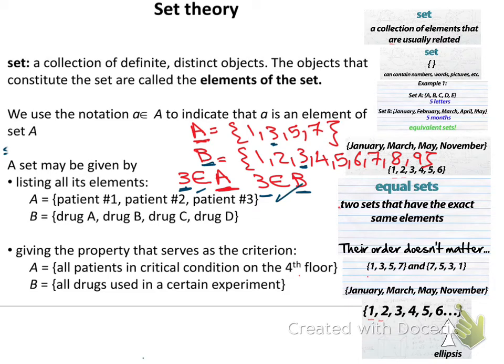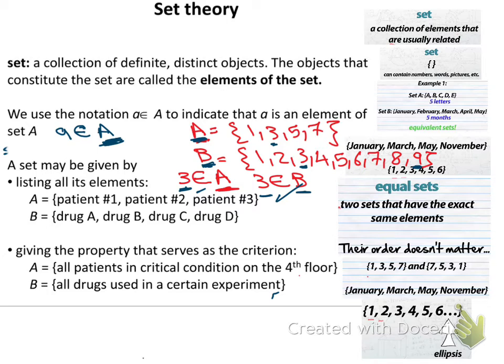If I say 9 is an element of or belongs to A, I'll see A. No, this is not A, this is B. In B, it is there, 9 is here. But in A, it is not in A. So I have to be careful which set I'm looking at the element in.